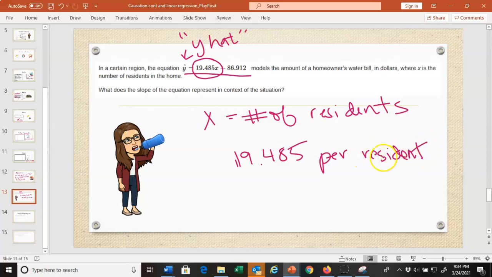So that's the variable. That's the thing that's changing, the number of residents. So if you plug in 2, it would be almost $40 and so on. So that's the dollar fee per resident. You could say money per resident. That's what the slope means. And that's it. That's all they wanted.